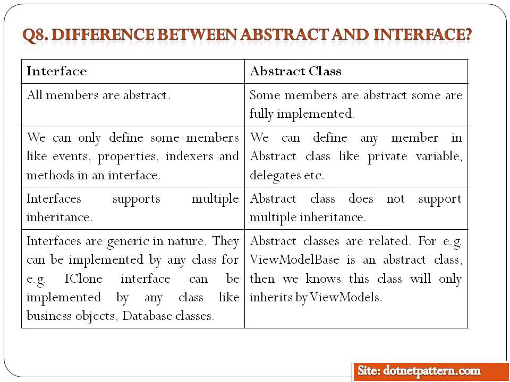Abstract class does not support multiple inheritance. Interfaces are generic in nature. They can be implemented by any class, for example IClonable interface can be implemented by any class like business objects, database classes. Abstract classes are related. For example, ViewModelBase is an abstract class, then we know this class will only be inherited by ViewModels.